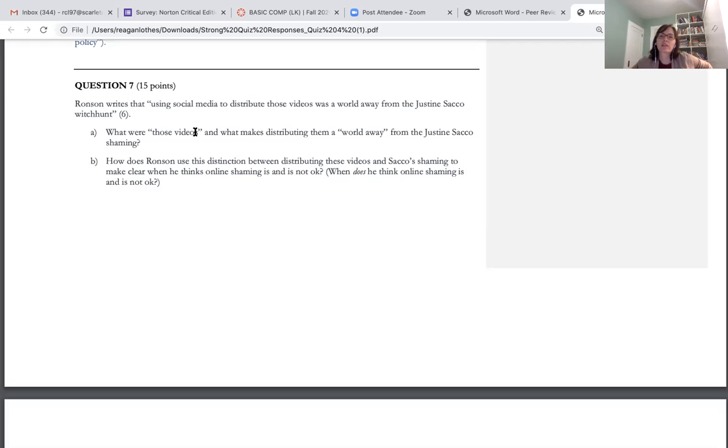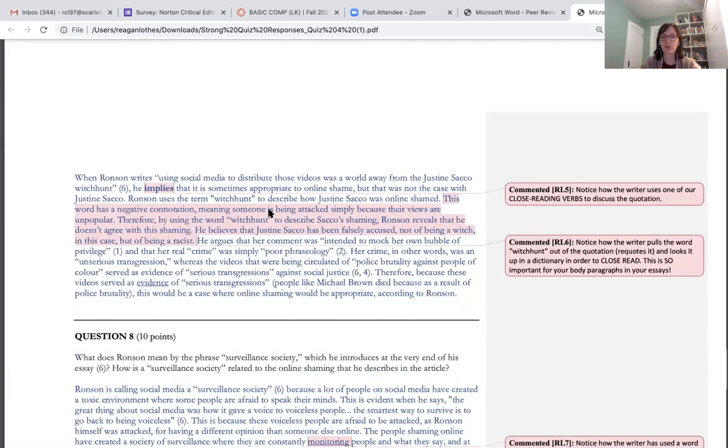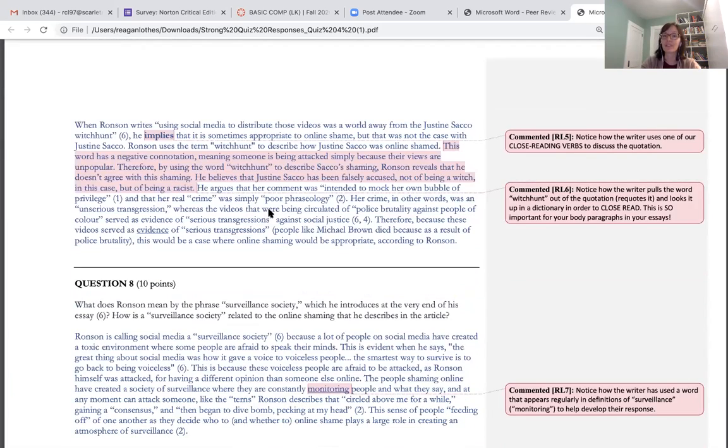So he goes on to argue that misuse of privilege has become a devalued term because it's getting thrown at everybody, whether the supposed crime was serious or unserious. So we need to distinguish between those. And so he's providing an example of distinguishing between serious and unserious transgressions when he distinguishes Sacco's tweet from these videos of police brutality.